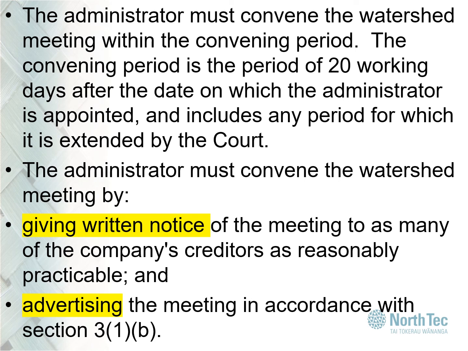The administrator must convene the watershed meeting by giving written notice of the meeting to as many of the company's creditors as reasonably practicable, and advertising the meeting in accordance with Section 3(1)(b).